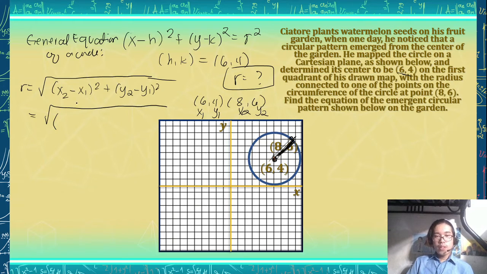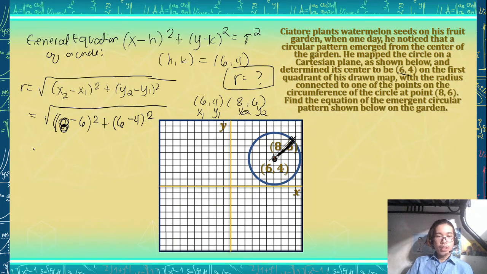And what's y₂? That's 6. Sorry, x₂ should be 8. So that's 8 minus x₁, which is 6, squared, plus y₂, which is 6, minus 4, squared.